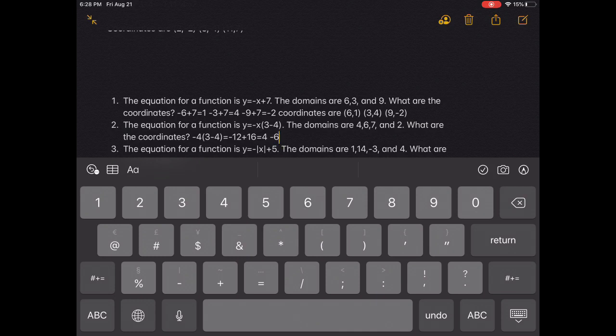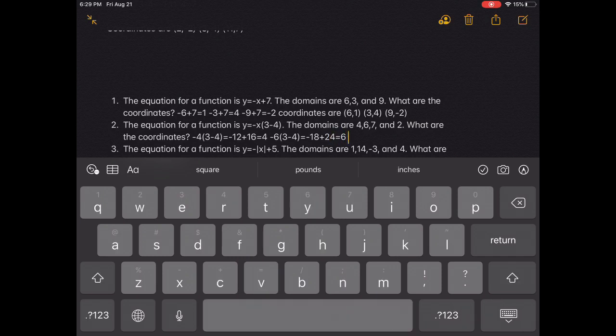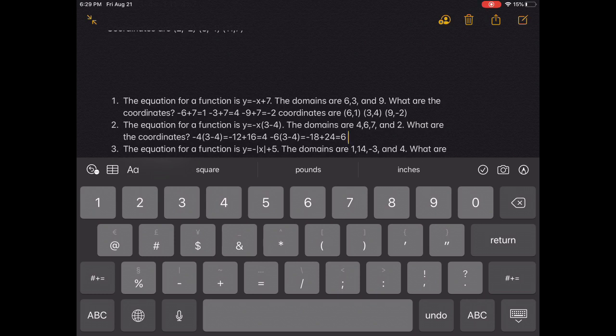For the second one, it is -6, and then you distribute 3 minus 4. So -6 times 3 will be -18, and then -6 times -4 will equal 24. So -18 plus 24 will equal 6. For the next coordinate, it's -7, and then you distribute that to 3 and -4.